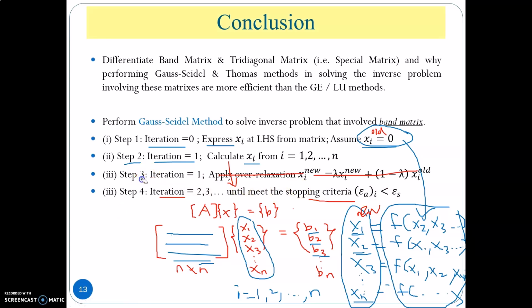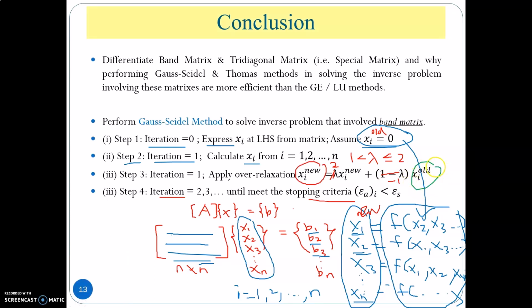In this case, we may consider to apply step 3, which is the over-relaxation, in order to fasten the convergence rate. To achieve this, you need to choose a suitable lambda within 1 to 2. Let's choose the lambda to be 2, and then we substitute it 2 here. 1 minus 2, you obtain negative 1.